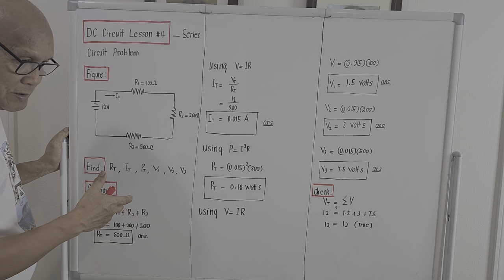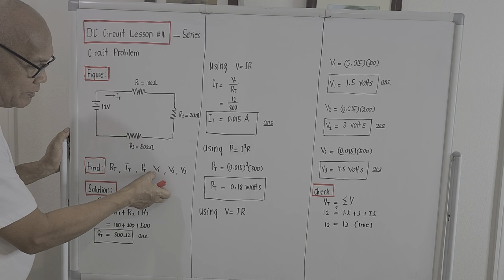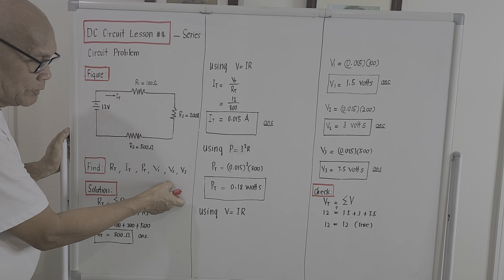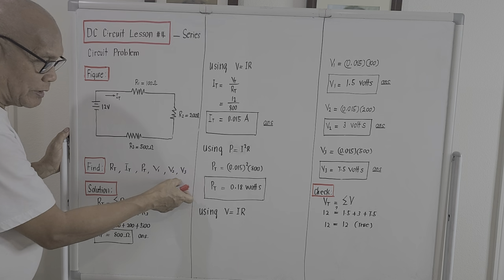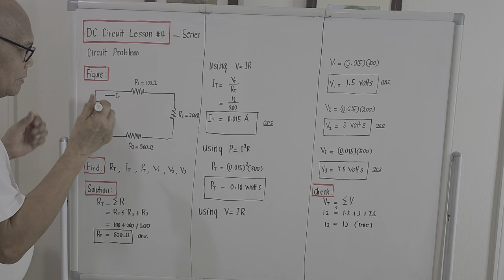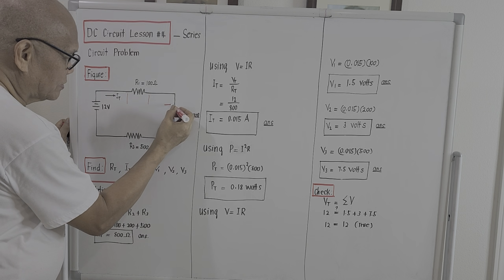And the last part of the requirement is that what will be capital V with the subscript 1, capital V with the subscript 2, and capital V with the subscript 3. And what is this capital V here? The individual voltage drops on the resistances.